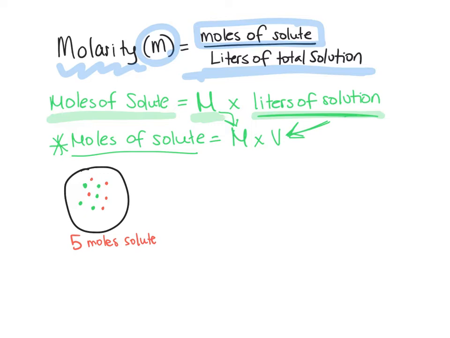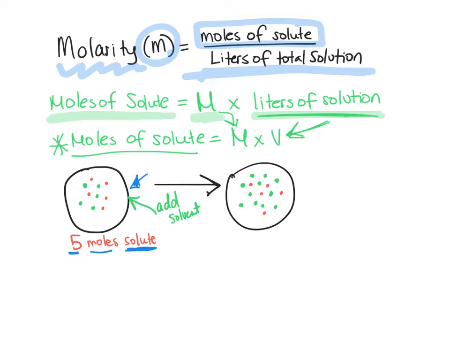If you remember from our last video, if we have a solution like the one right here, with 5 moles of solute, and we dilute it, adding some solvent, we're going to have more of our green. We'll have diluted it, but there's still going to be 5 moles of solute there.